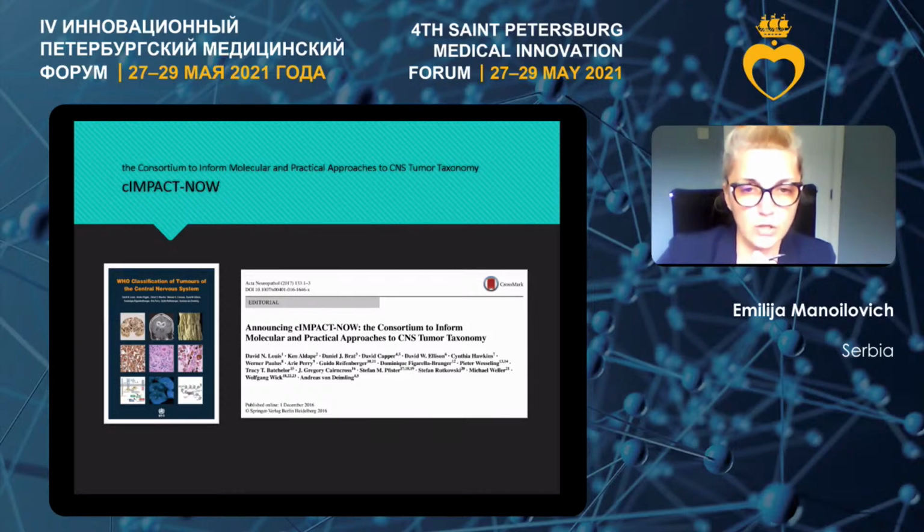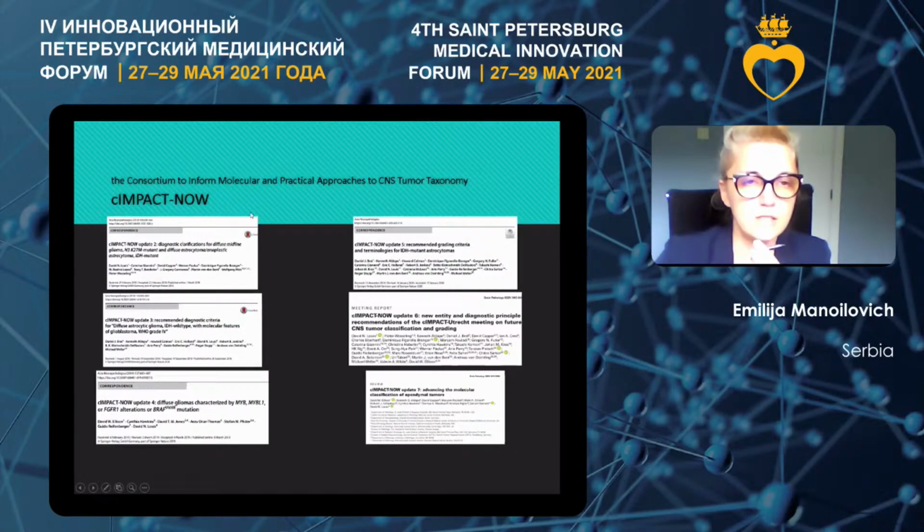It will be based upon the consortium to inform molecular and practical approaches to central nervous system tumor taxonomy, cIMPACT-NOW, which published 6 publications related to different kinds of diffuse glioma, including IDH-mutant and IDH-wildtype, then pediatric gliomas, ependymomas, and also tumor taxonomy.